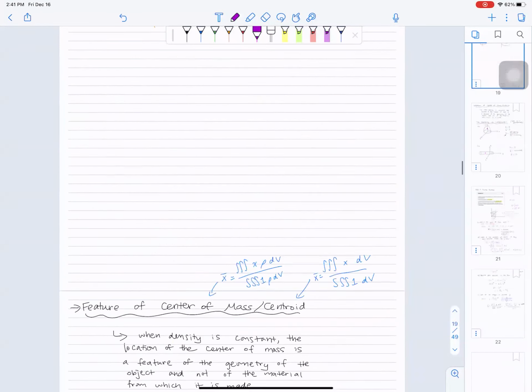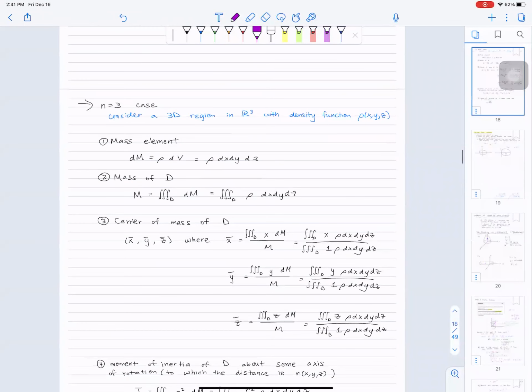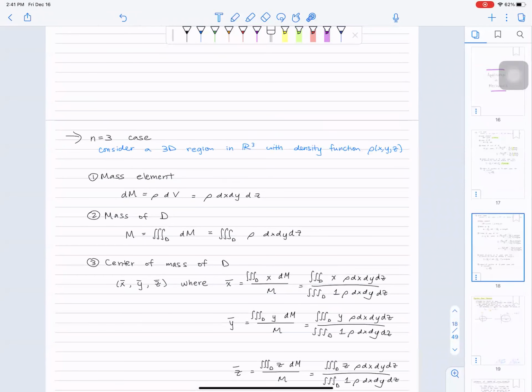And that's because if we look at our formulas, mass is the triple integral of rho dV. But because we have a unit density, rho is 1, and the triple integral of 1 dV is volume. So when we have unit density, mass is the same as volume.